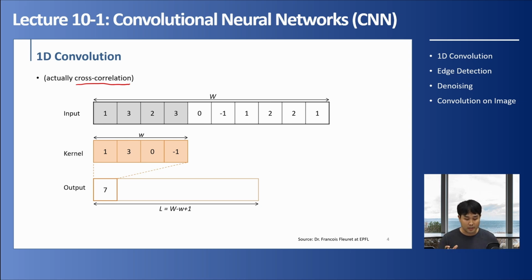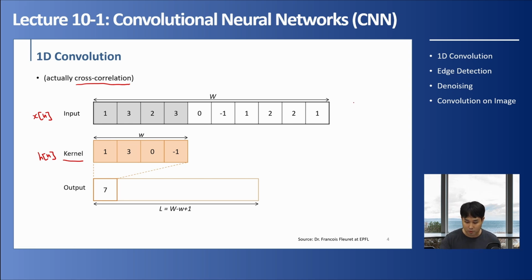But for simplicity, I'll be referring to this as 1D convolution. So assuming that we're denoting our original signal as x of n and our second signal, h of n, we'll be calling this the kernel, which we'll later on be calling the filter.